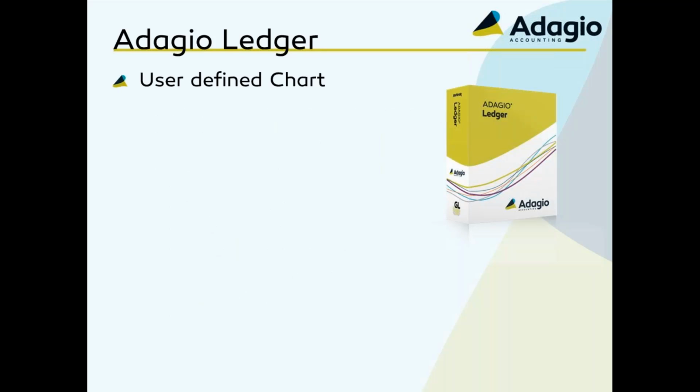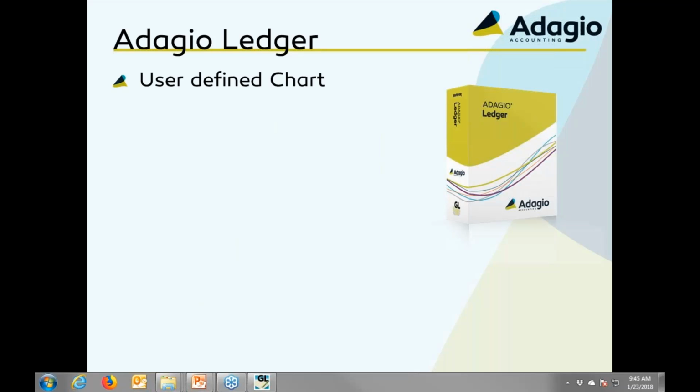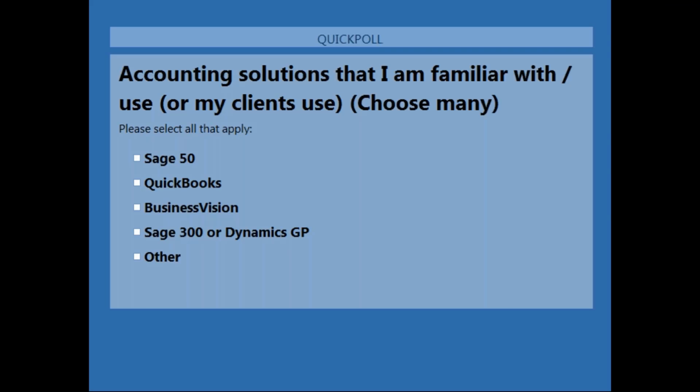So just before we keep going, I'd like to find out what accounting software you might be familiar with. I have a poll here of what accounting software you might be using or have experience with. Oh, that's interesting. We have quite a few others, so I'm curious to see.